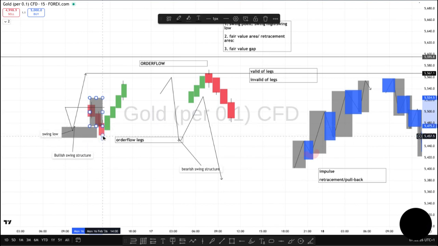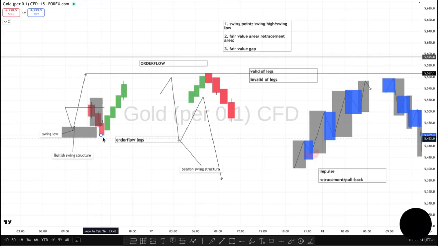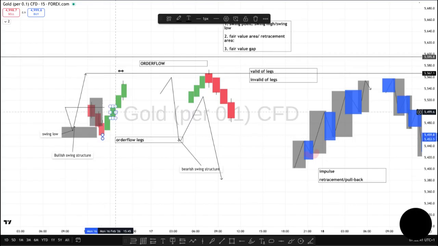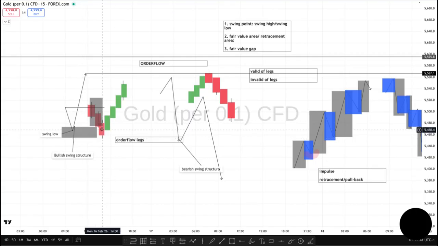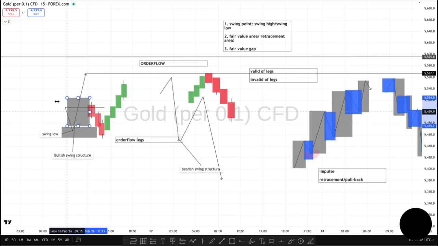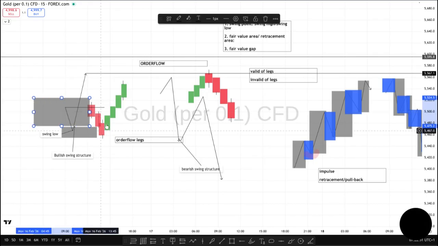Now, how is a swing low created? A swing low is usually signified by a wick, right? The lowest wick that price creates before it swings around and starts moving in the opposite direction is a swing low. You can see it's in between these two candlesticks, right over here, and it is the candle with the lowest wick.